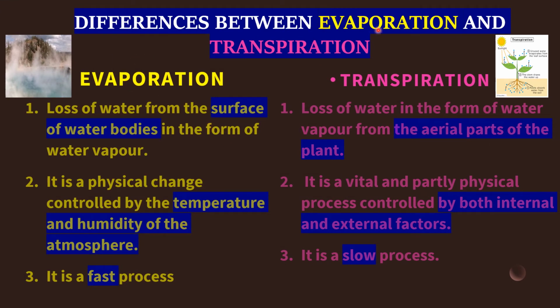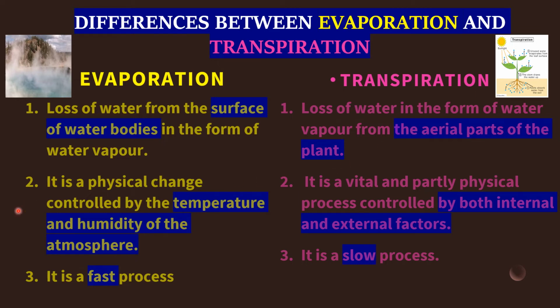What are the differences between evaporation and transpiration? Evaporation is a loss of water from the surface of water bodies in the form of water vapor. But transpiration is a loss of water in the form of water vapor from the aerial parts of the plant.